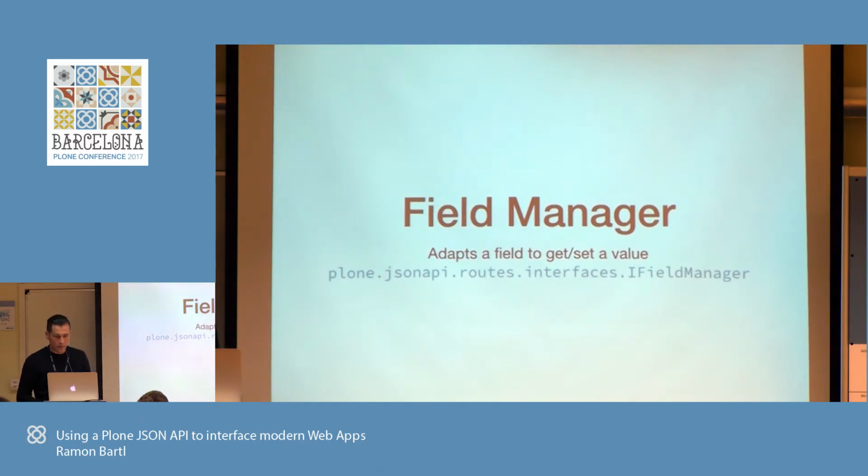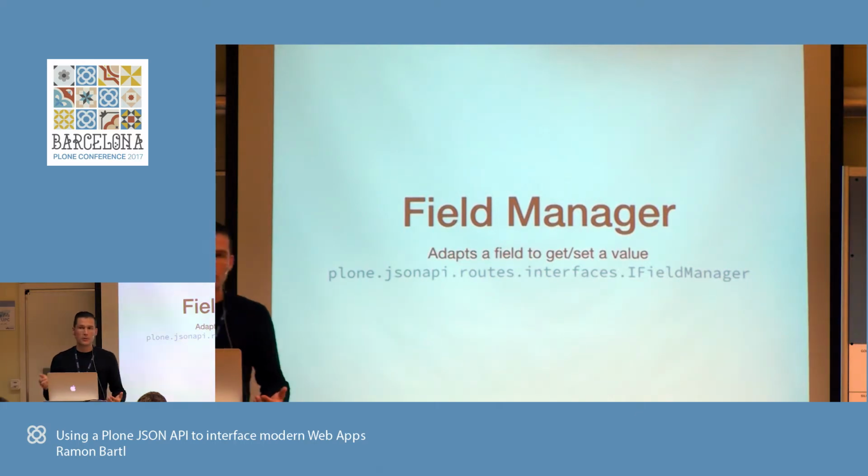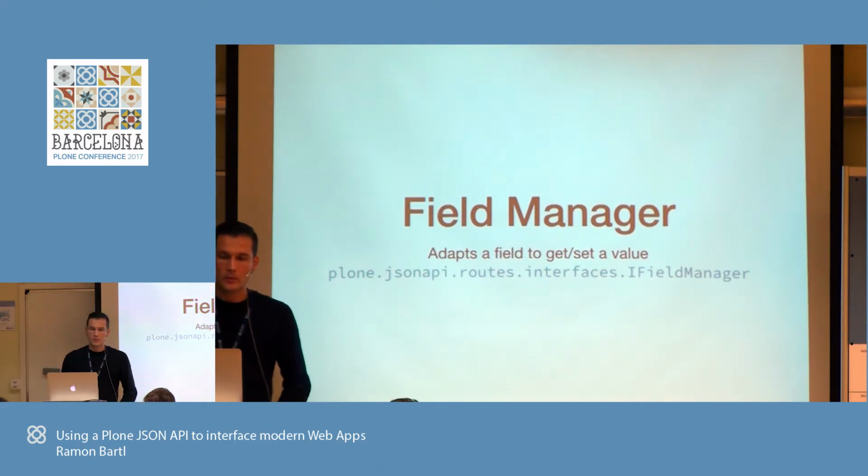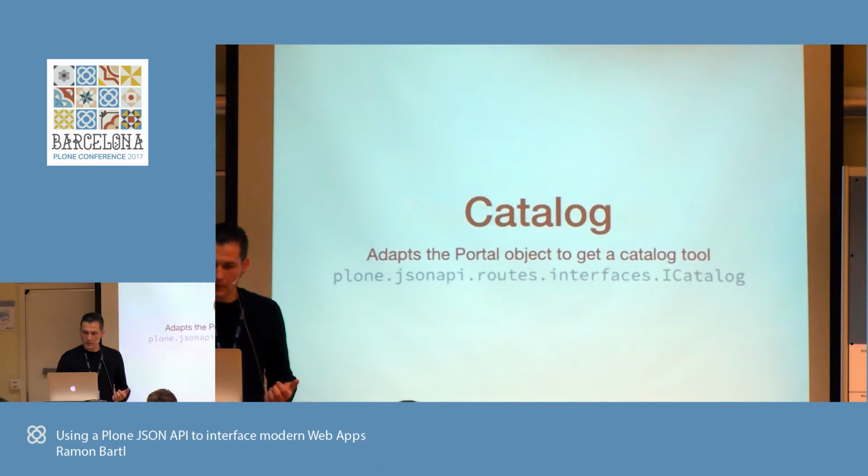And you can go even further. There's something like a field manager. So when you have a really special field like a records field and you have to handle it especially, then you can override or create your own adapter for your field and have a field manager to get and set the value which I post. So this is also possible.